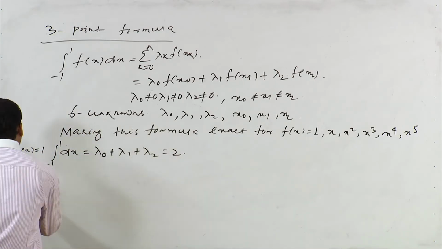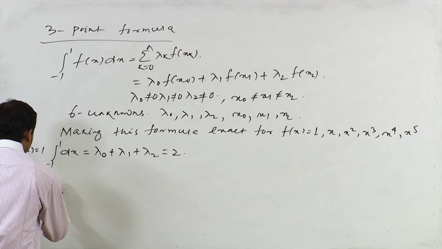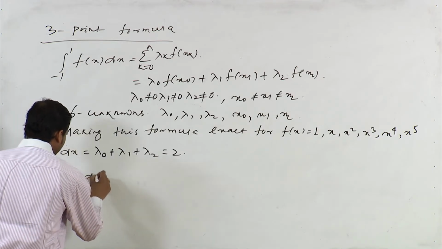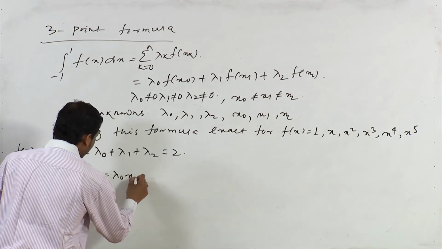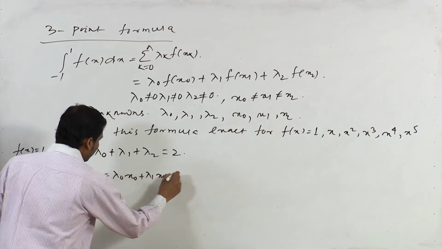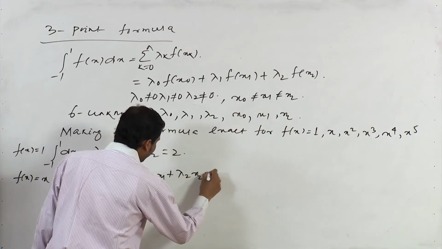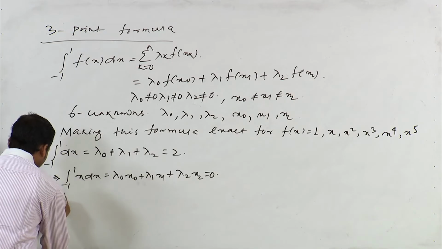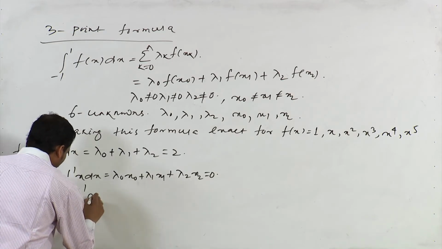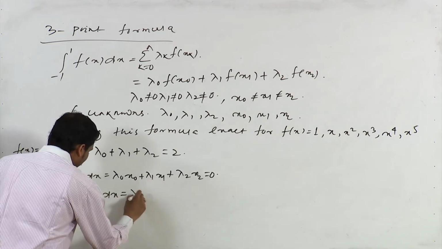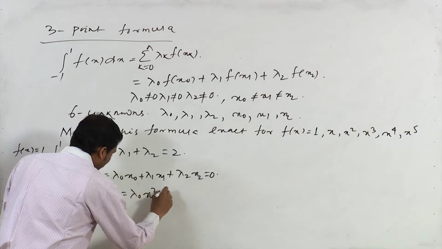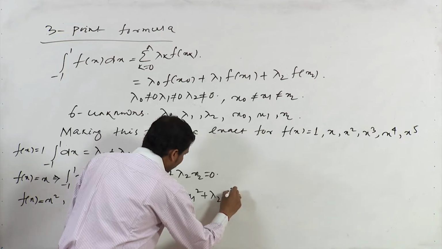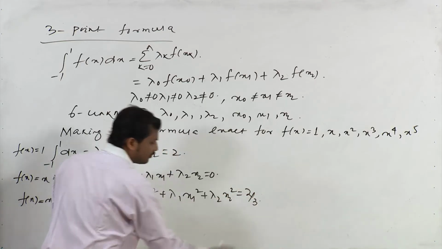And for f of x equals x, this can be written as the integral from -1 to 1 of x dx, this equals lambda 0 x 0 plus lambda 1 x 1 plus lambda 2 x 2, this equals 0 here. For f of x equals x square, the integral from -1 to 1 of x square dx equals lambda 0 x 0 square plus lambda 1 x 1 square plus lambda 2 x 2 square, this equals 2 by 3 here.